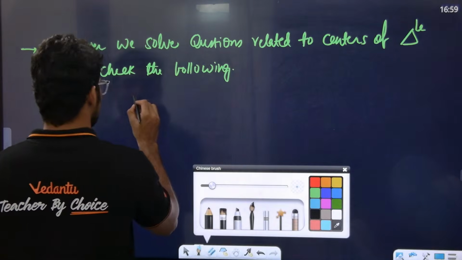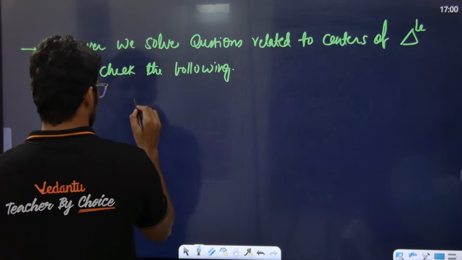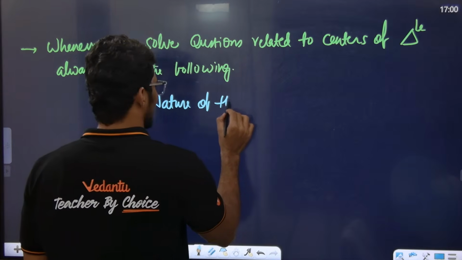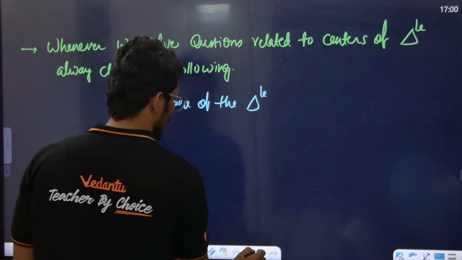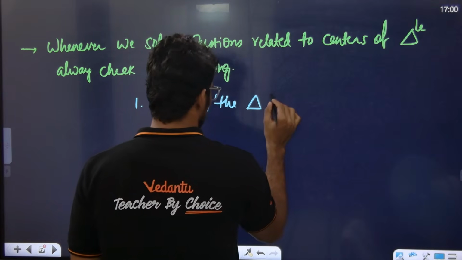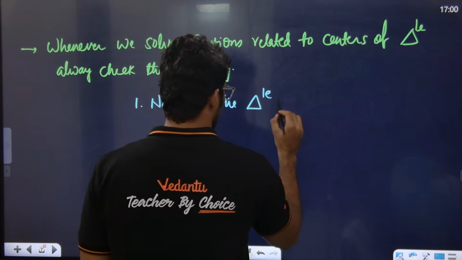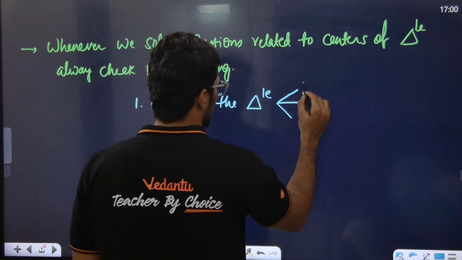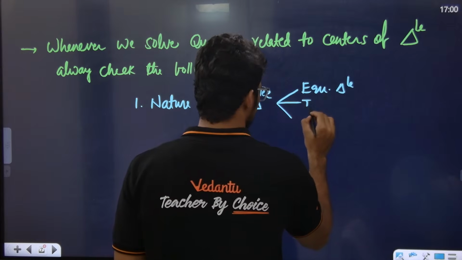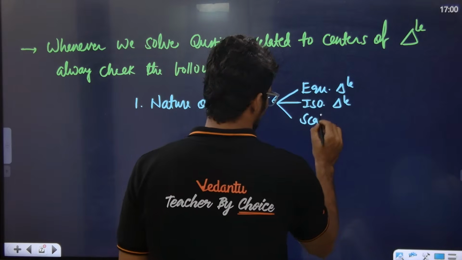First point, check the nature of the triangle. Nature of the triangle means you check whether it is an equilateral triangle, an isosceles triangle, or a scalene triangle.